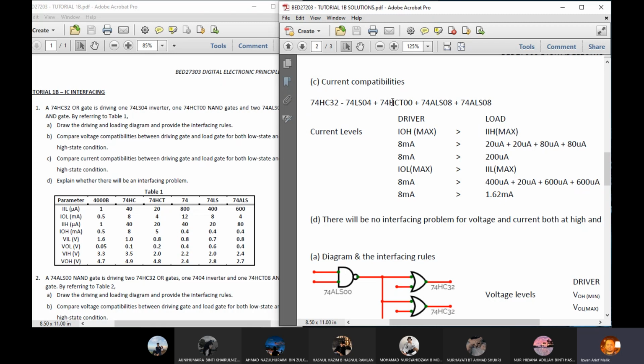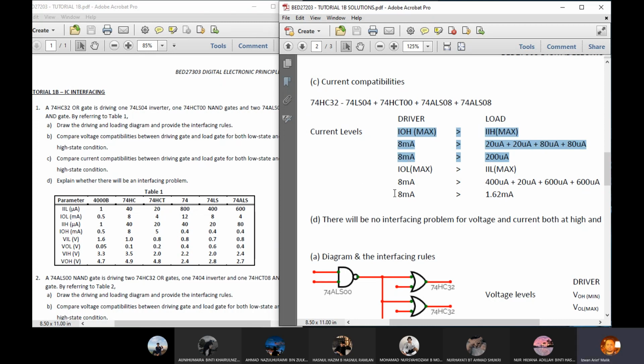Yang ni 20 micro, yang ni 20 micro, yang ni 40, yang ni 80, yang ni 80. So once you tambah semua dapat 200 micro, or this is if you convert it to milli, the value will become 0.2 milliampere. So 8 milliampere greater than 0.2 milli, so betul lah. Okay, so maksudnya dia memenuhi syarat.